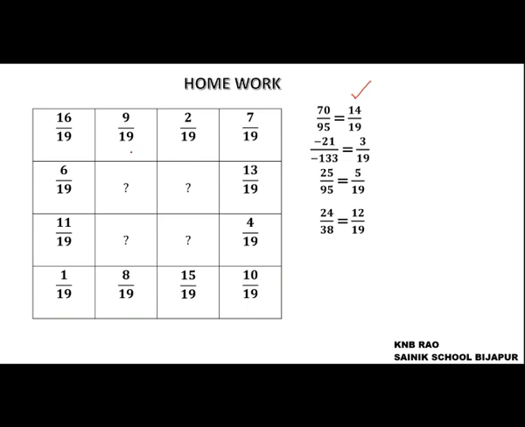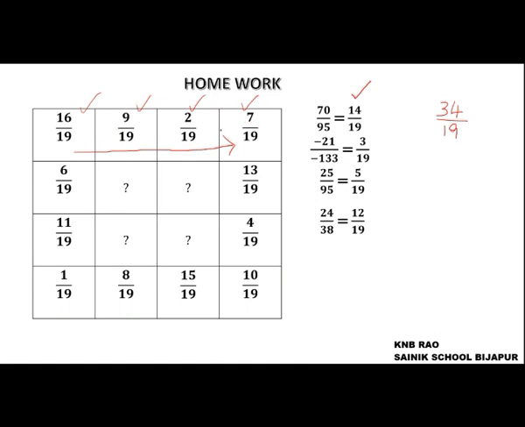So students, we can observe the rational numbers given in any row, and if you observe their sum, it is 34 upon 19, that is when I add 16 by 19, 9 by 19, 2 by 19 and 7 by 19.